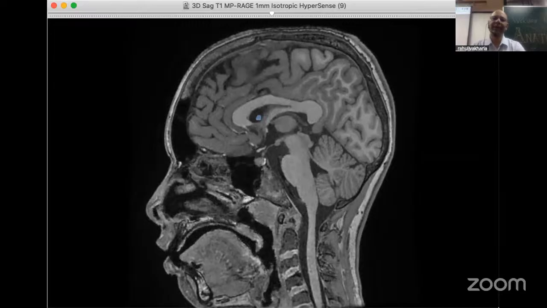This is the septal area, which is very important for the limbic system. These two vertical gyri are called paraterminal gyri. And this bright dot, where I'm putting my cursor, is the anterior commissure.